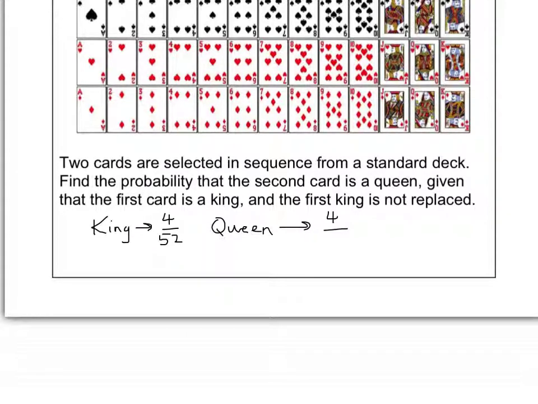Now, there are not 52 cards anymore. There are 51. Okay? So what conditional probability is going to do is show you that you can find the probability of more than one thing at a time. And how does that first thing affect the second outcome? Not every time is your card going to be taken away and not replaced. Sometimes we'll replace it as well.